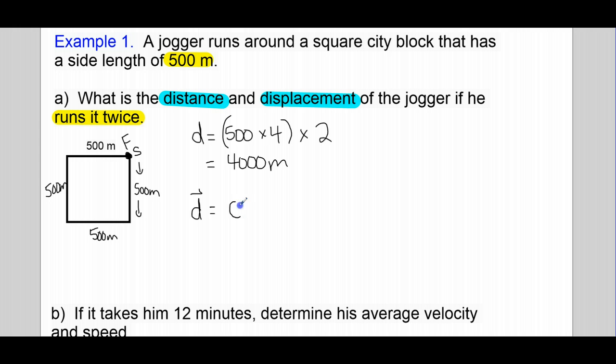So our displacement in this case is actually 0 meters. And yes, we would put usually a direction if there was an actual quantity to deal with, but because we end up with 0 meters, we're not east, west, north, south of the point we started. We're actually on the point we started. But because it's a vector quantity, get in the habit of stating direction at the end when you're asked.